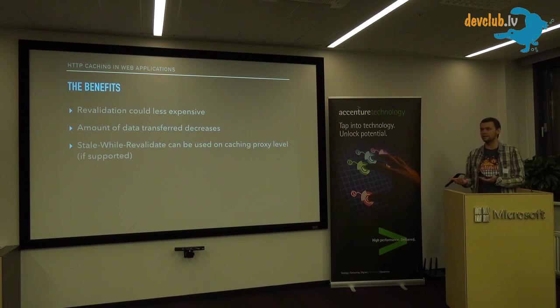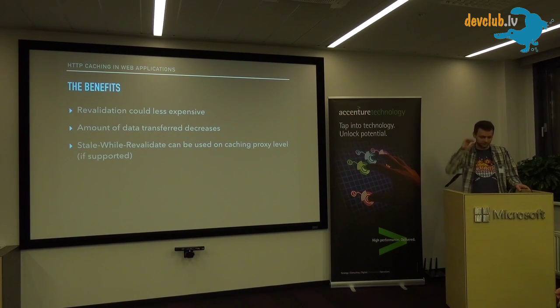But on the other hand, you could use memcache or other things in a smart way to speed things up, so that you don't have to generate that response. So you can quickly just check things. If they're still the same and haven't changed, just send a 304 and forget about it. The next thing was that the amount of data transfer decreases, which saves you some bucks or your clients.